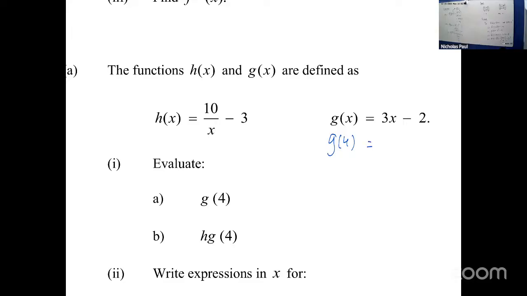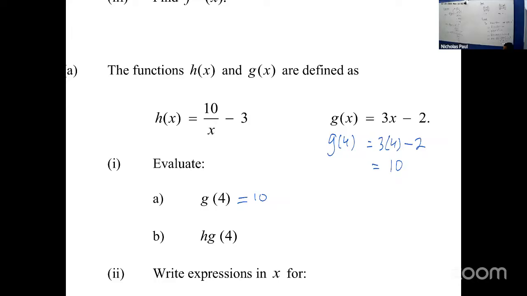So write here now 3 by 4 minus... What's that? 10. So the first part is 10.